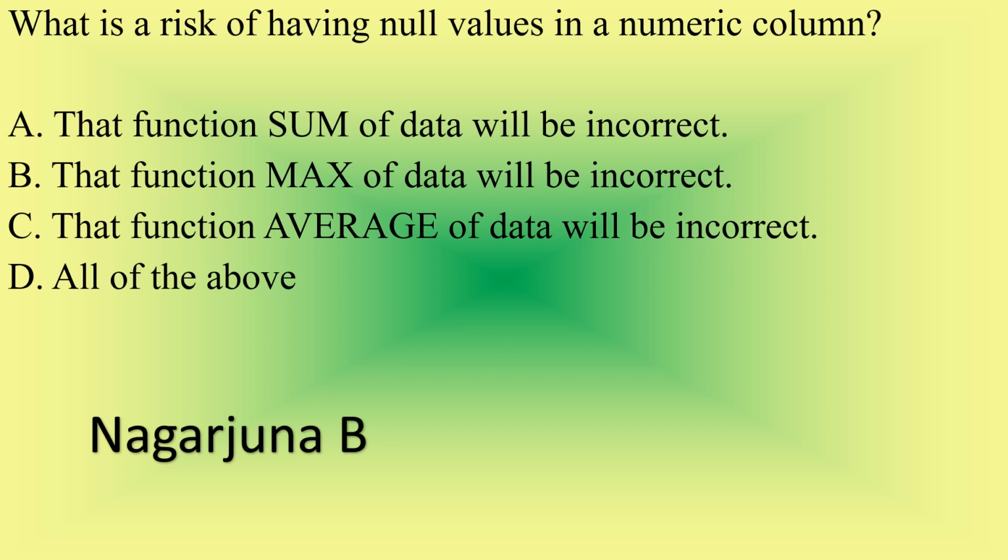The function average of data will be incorrect. All of the above. The right answer is the function average of data will be incorrect, because when we find the sum, just a 0 will be added, because null is treated as 0. Max also doesn't get affected, whereas when we consider average, it will be affected.